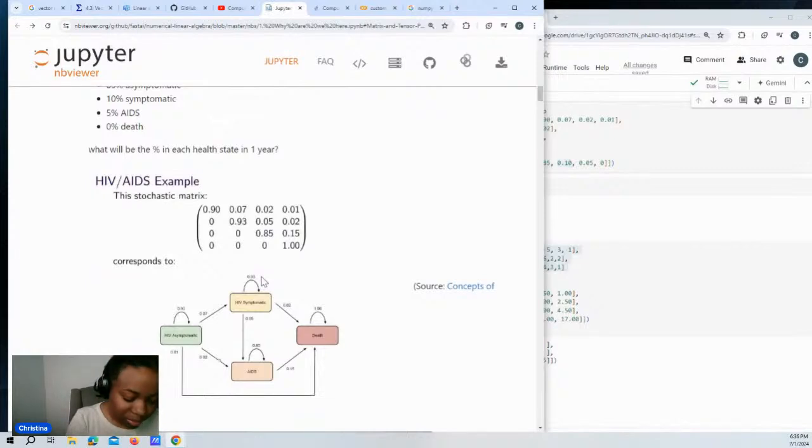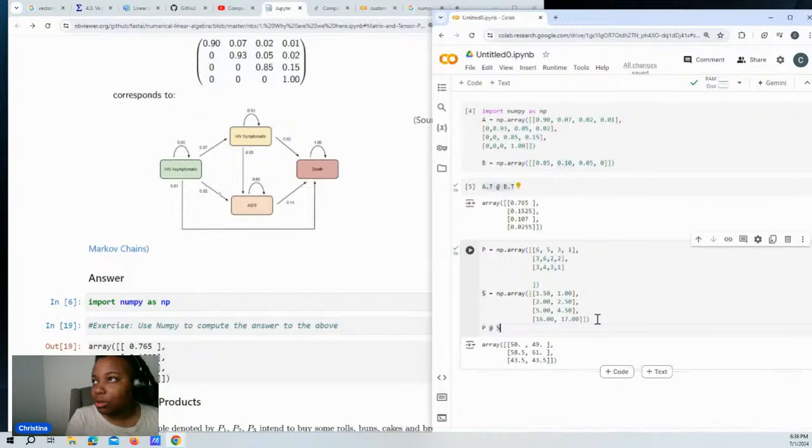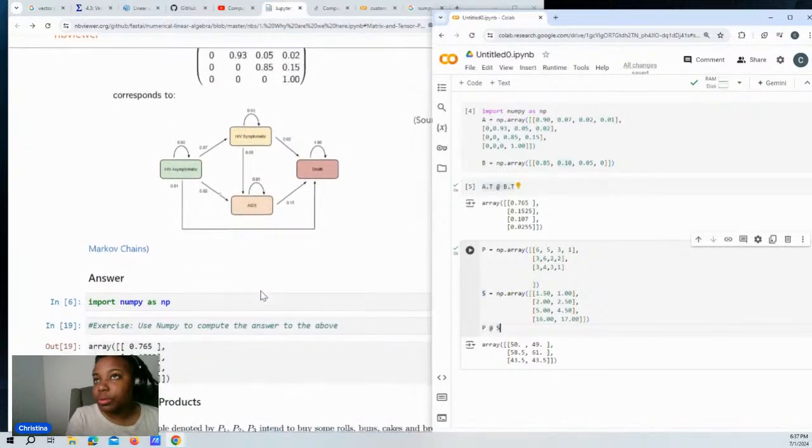Hold on. So if I do 90 times 0.85, that's 0.76, and that's the answer. But these are two different computations. So don't add this one like I would the other one. I would go this way.